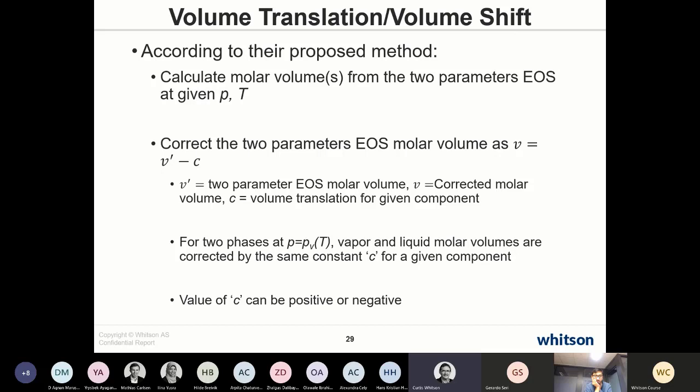So during that week, I mentioned to him, and I think in my lecture there, I talked about this volume shift as being a very important step forward for the use of cubic equations of state in petroleum engineering. And so we left, and I guess it was maybe 2-3 months later, he was living in Florida, and I got a phone call in the middle of the night, and he says, Curtis, this volume shift.